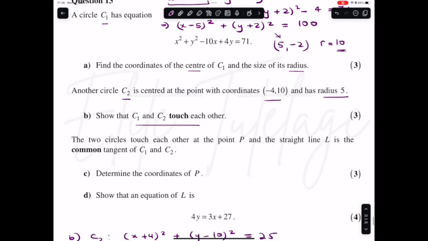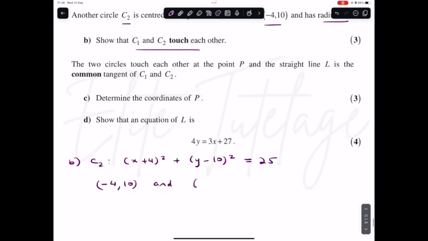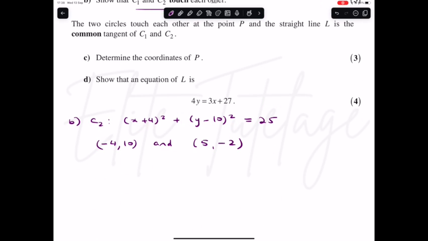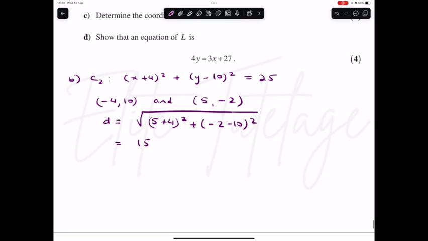So let's figure out what the distance between the two centers is and see whether we can match up to the radii. Okay, so the distance turns out to be 15, and so the circles do touch because the radii of the two circles add up to 15, and so they would touch the edge of one another.